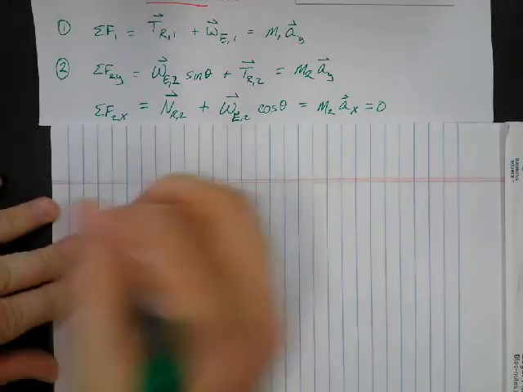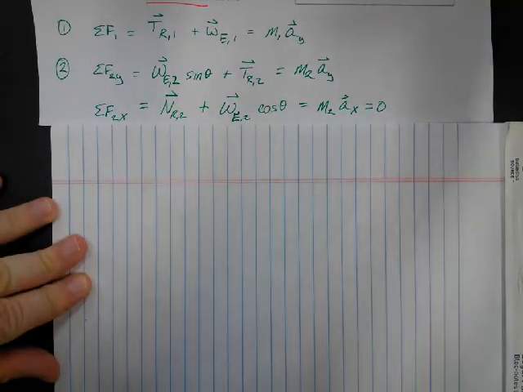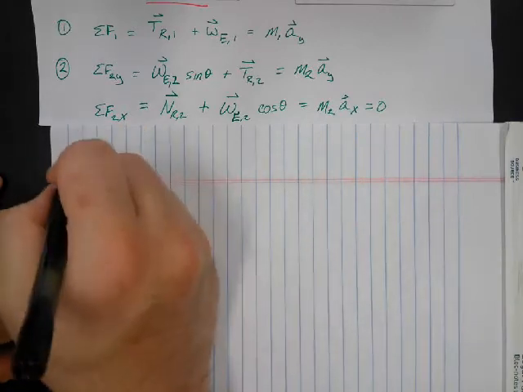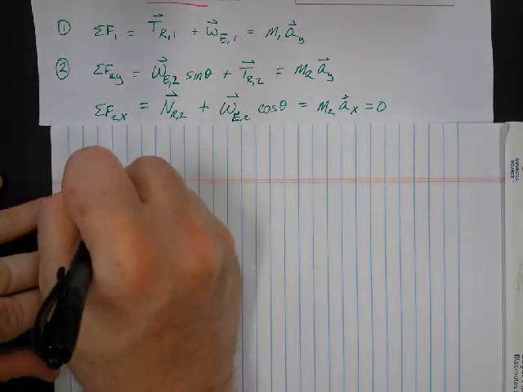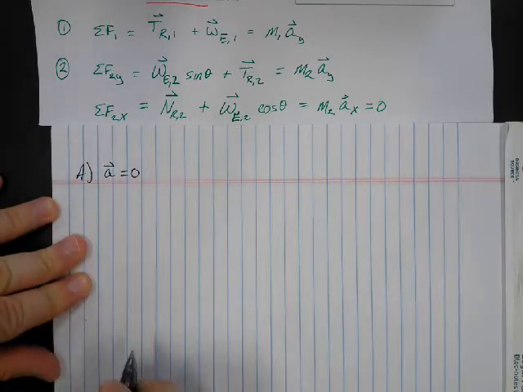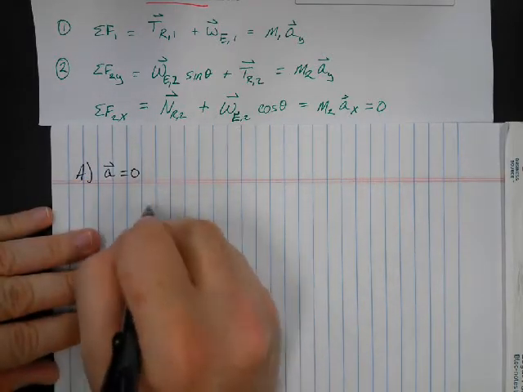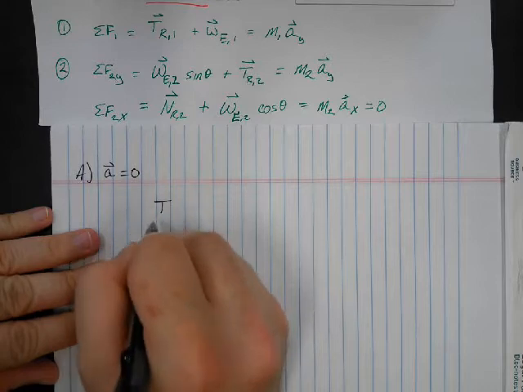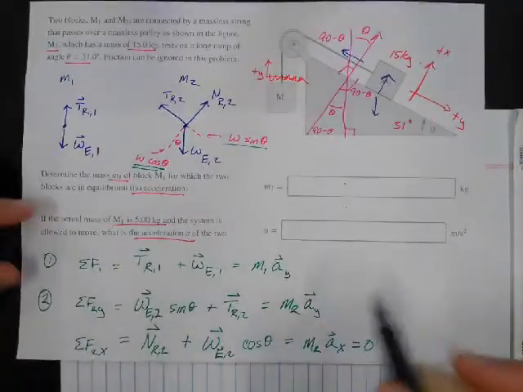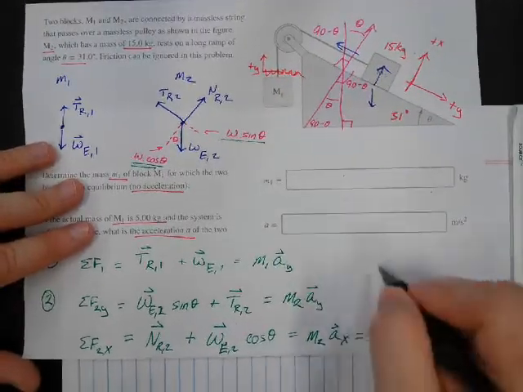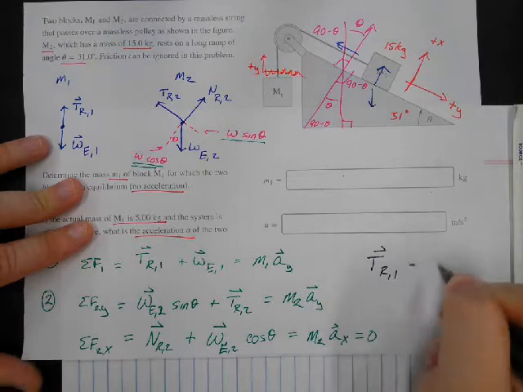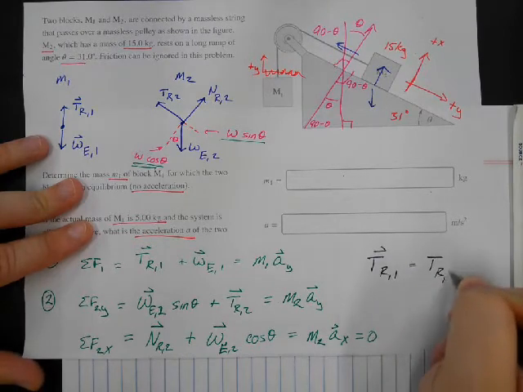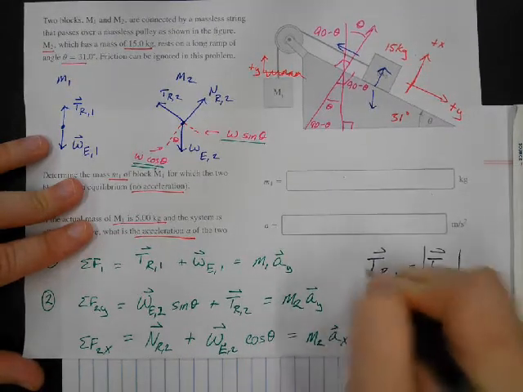So let's do this in. For part A, acceleration is 0. And there's one more thing we can say up here. Because this is a tension on a piece of rope, tension 1 equals tension 2, at least in size.